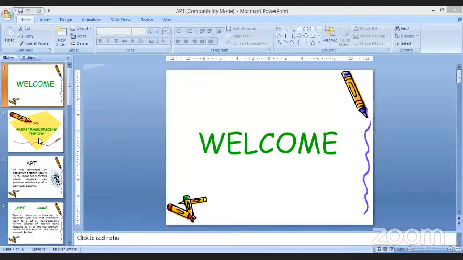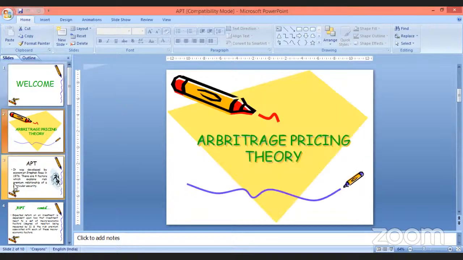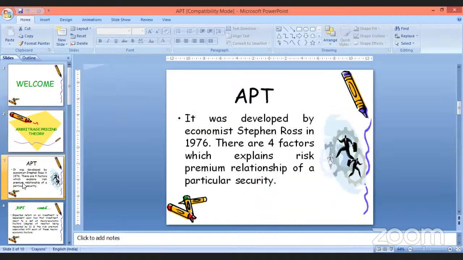Is it visible? Yes, sir. Okay. Arbitrage pricing theory. This theory is by one popular economist.